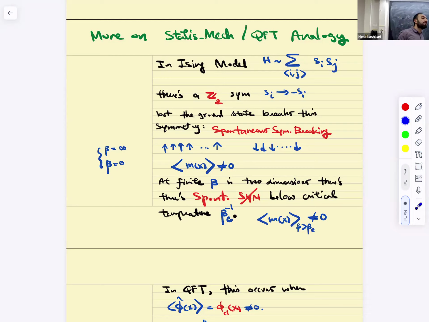Then we drew the diagrams for the one loop corrections to the propagator of the pi fields, the Nambu-Goldstone bosons, and we said that not only do the divergences cancel, but also the whole thing vanishes.